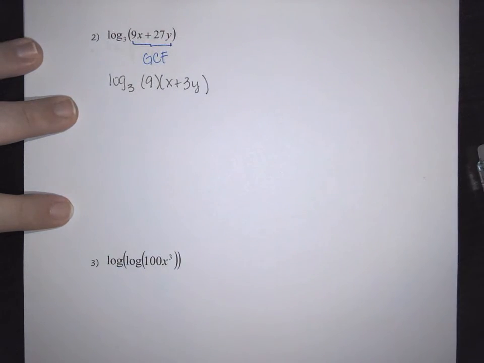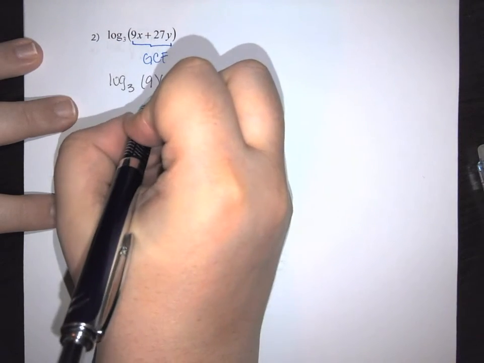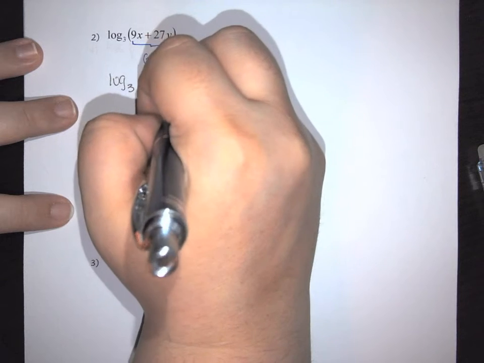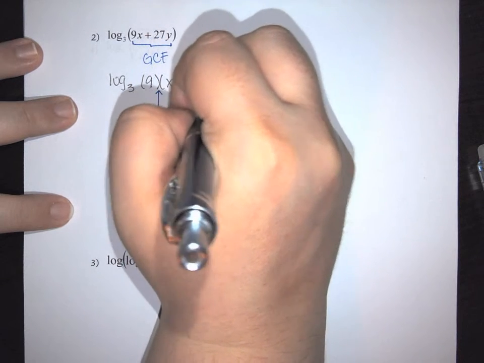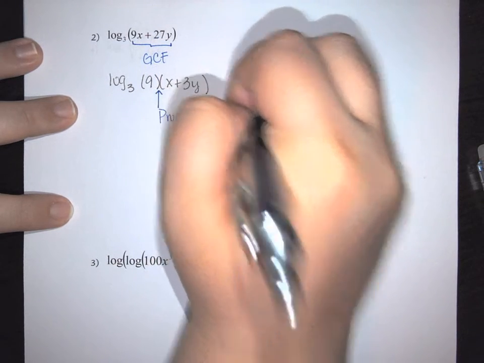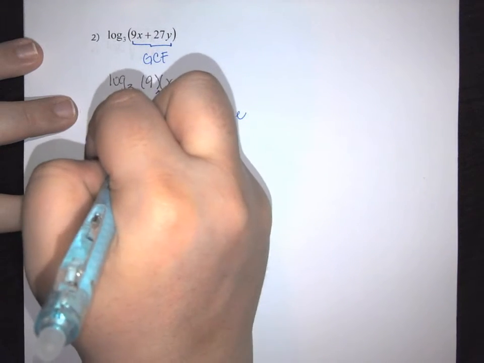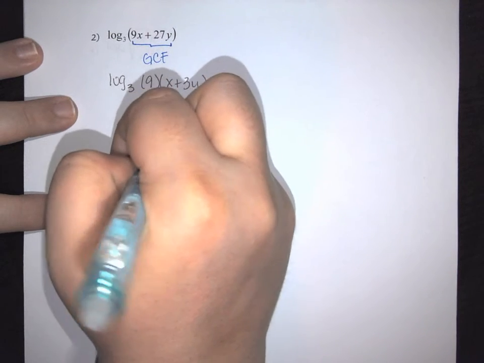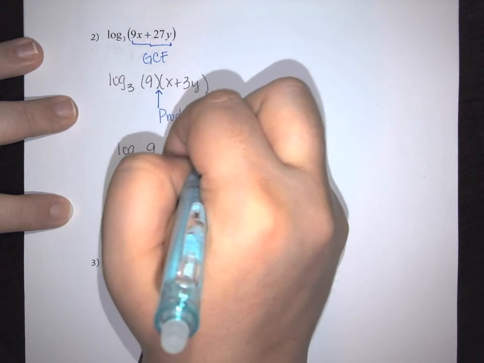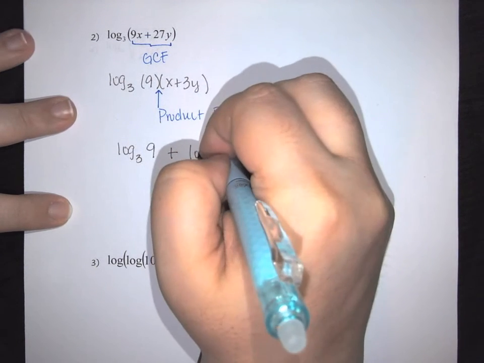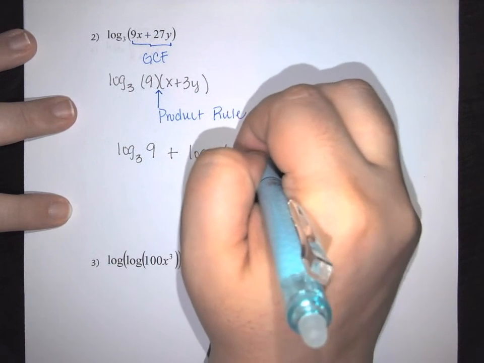Once we do that, you can clearly see that this is going to be the product rule. And so the product rule says this becomes the log base 3 of 9 plus the log base 3 of x plus 3y.